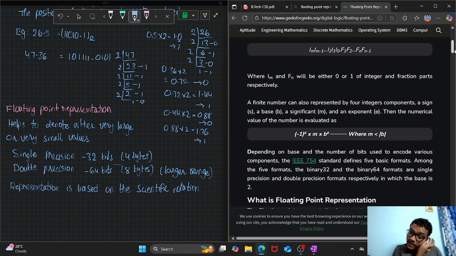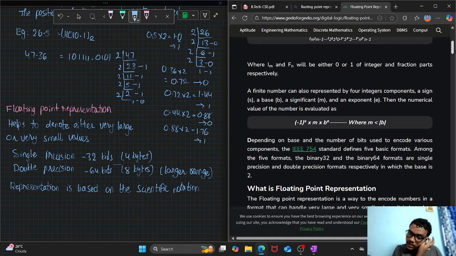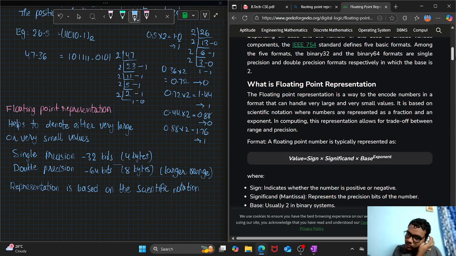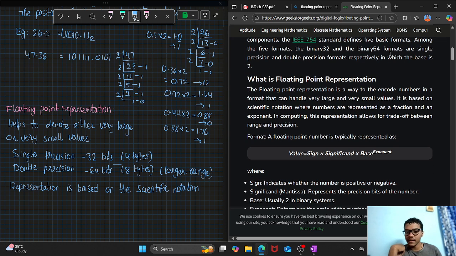A finite number can also be represented by four integer components: sign, significand. I think I had another formula. They called it mantissa. Yes, here the significand is also called the mantissa.